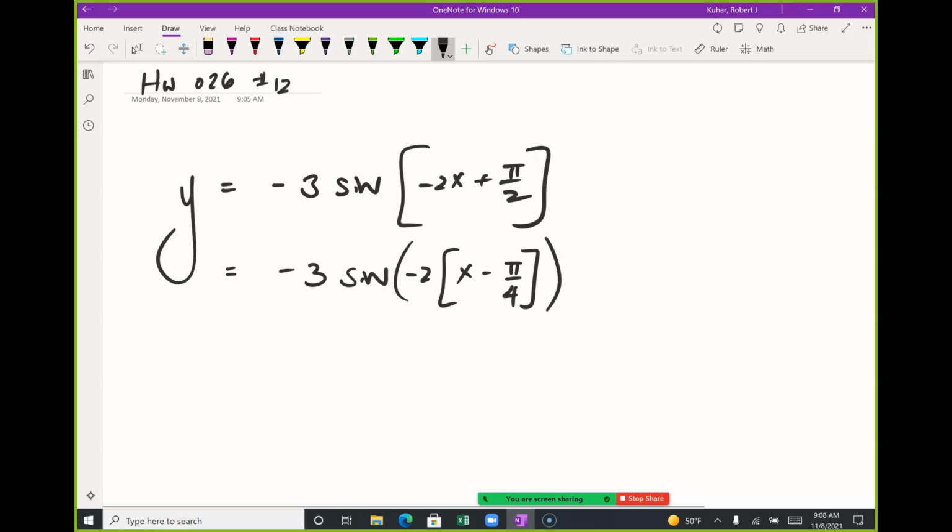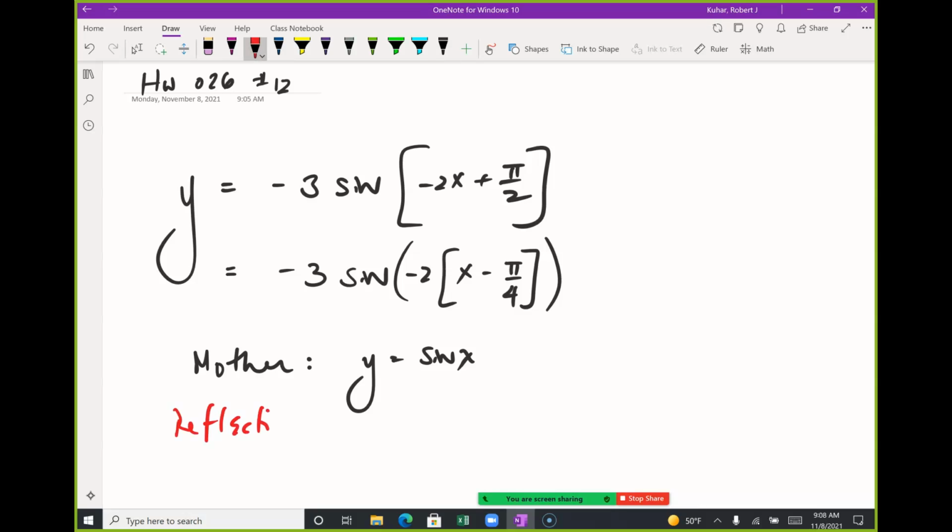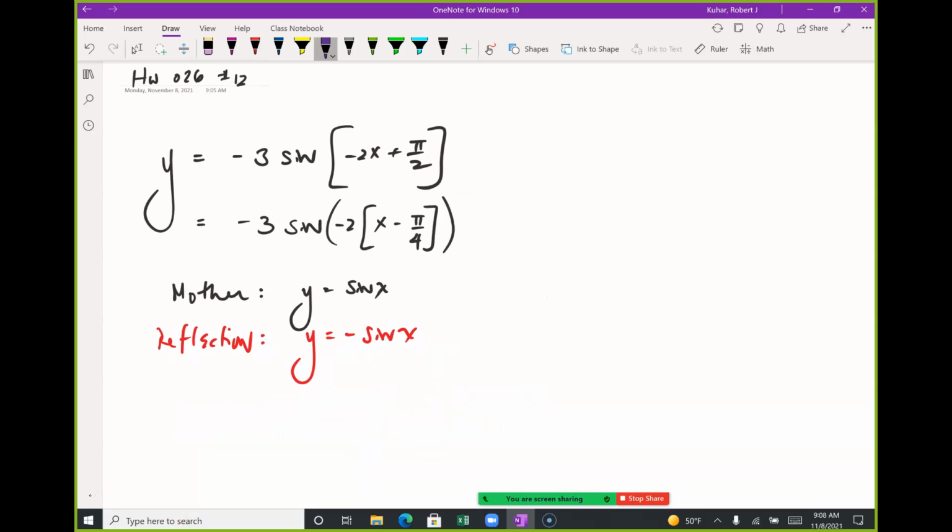So now I can clearly identify the mother, y equals sine of x. I can clearly identify the reflection, y equals negative sine of x. And I can clearly get the amplitude, 3, or y equals negative 3 sine of x.